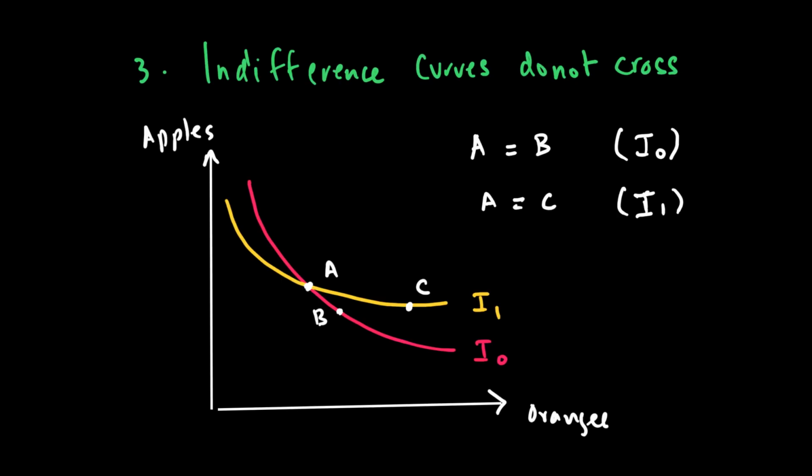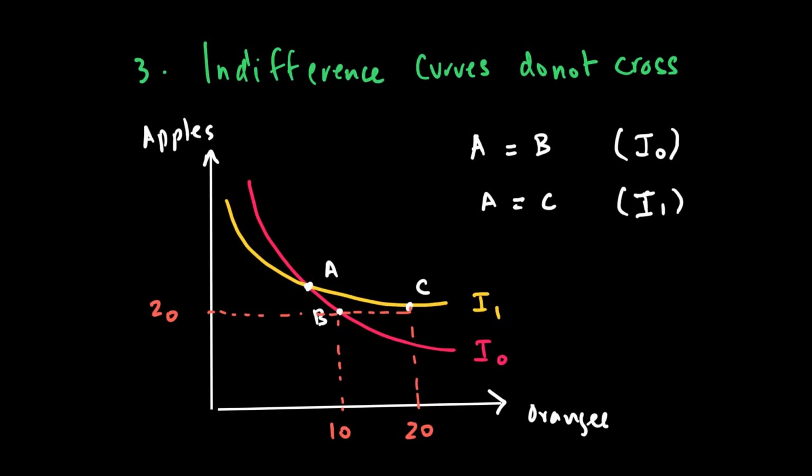Now if a consumer looks at C versus B, and let's say combination B was giving me 20 of apples and 10 of oranges, while combination C is giving me the same 20 of apples but 20 of oranges, then clearly combination C is preferred over combination B, because for the same 20 I'm getting more of oranges versus less of oranges.